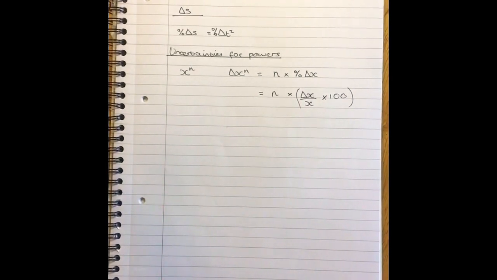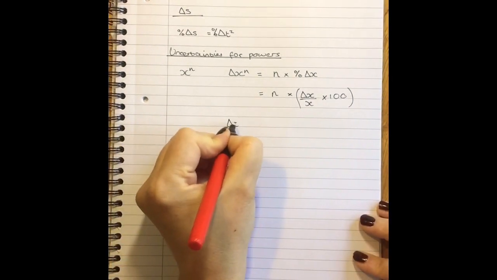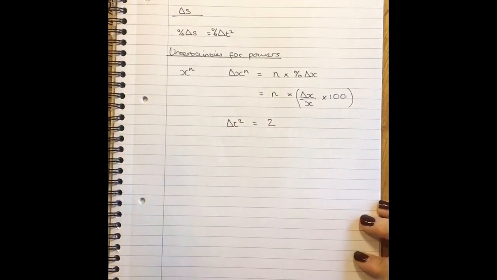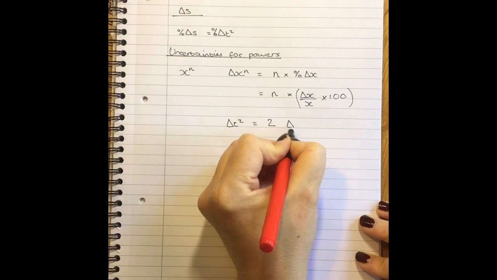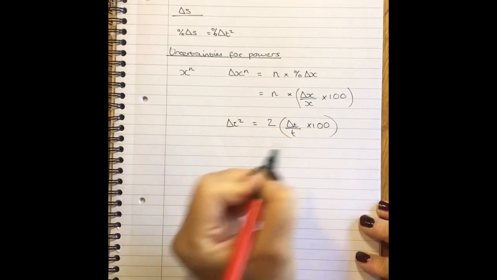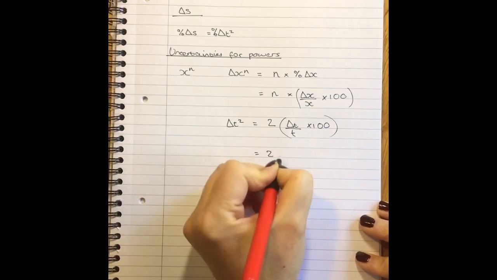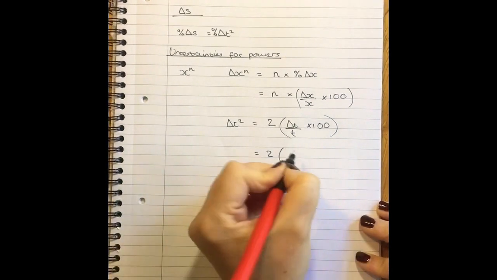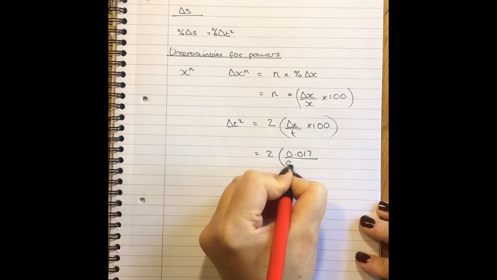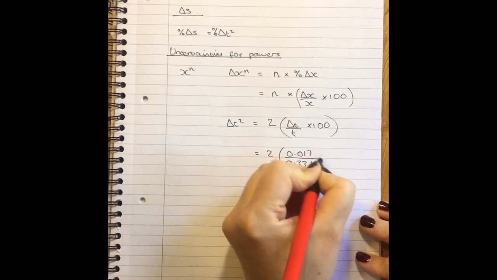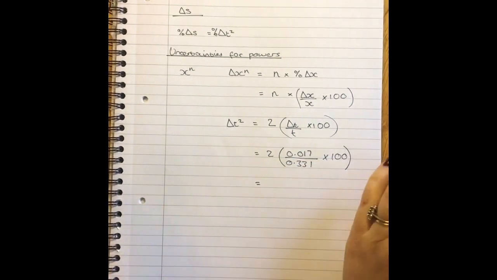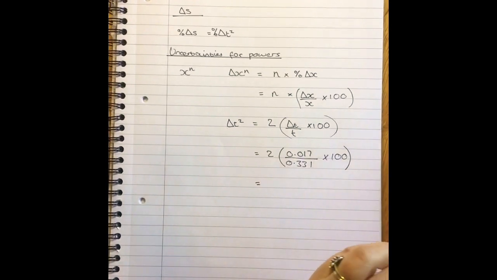So let's look at that for ours. Delta t squared is equal to 2 times delta t over t times 100. So that is 2 times 0.017 over 0.331 times 100. You could pause the video here, try and work ahead of me and see if you're on the right track.